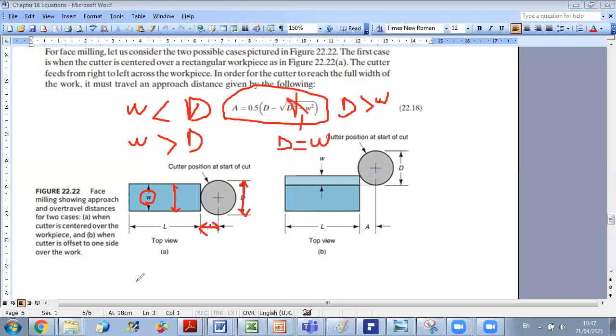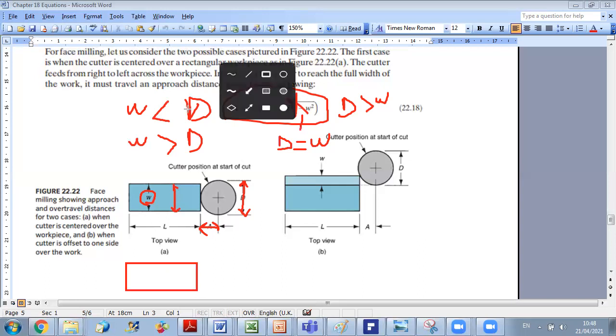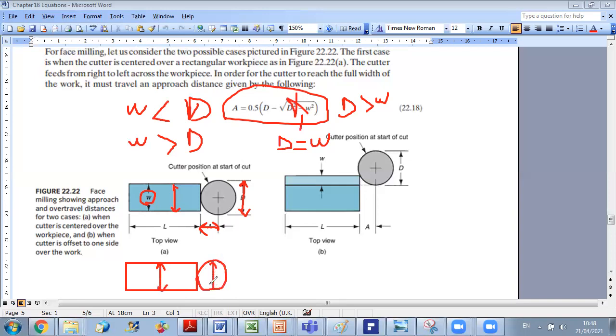And this is very logical, because if you have just the width equal to the diameter, then if you draw the figure, so just the width is equal to D, then what will happen is that in order to reach the full diameter of the cutter at the first end of your work part, you should just move your cutter a distance equal to the radius, which is D over 2.